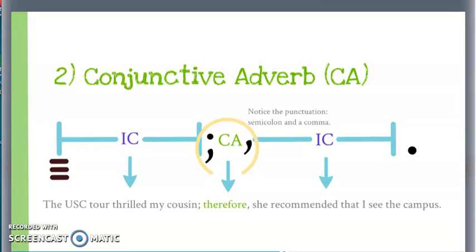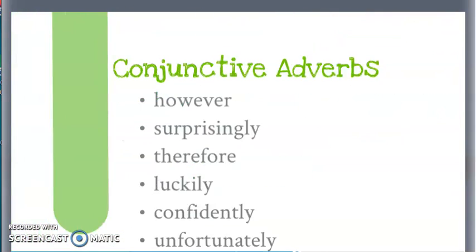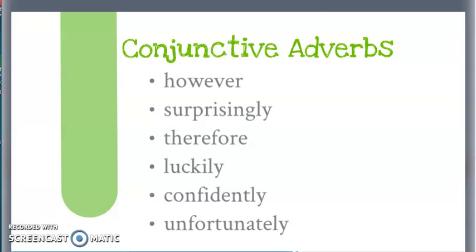Notice the punctuation used in the sentence to connect the first independent clause to the other independent clause, which are a semicolon and a comma, and in between the punctuation marks is the conjunctive adverb therefore. The most commonly used conjunctive adverbs are however, surprisingly, therefore, luckily, confidently, and unfortunately.